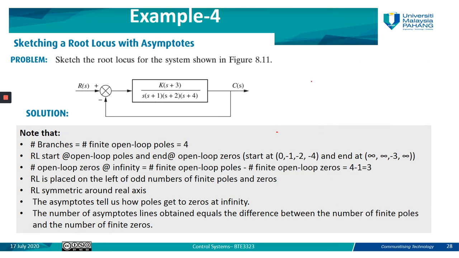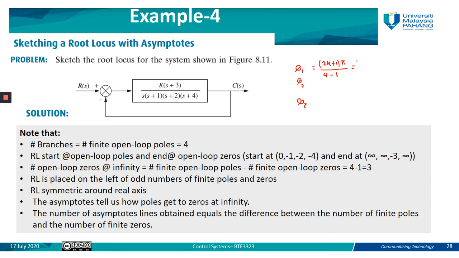In our case, if I want to find the angle of the asymptote, which is phi, we should have phi1, phi2, phi3. Since we have 3 asymptotes, we should have 3 angles. So phi1 will be equal to (2k plus 1) times pi over the number of poles, which is 4, minus the number of zeros, which is 1.